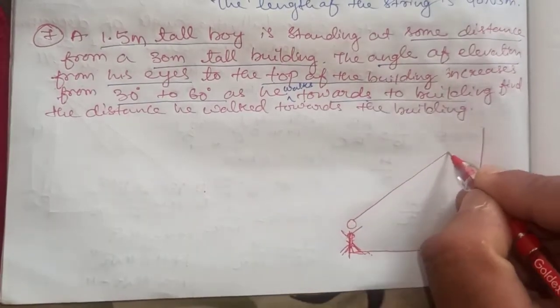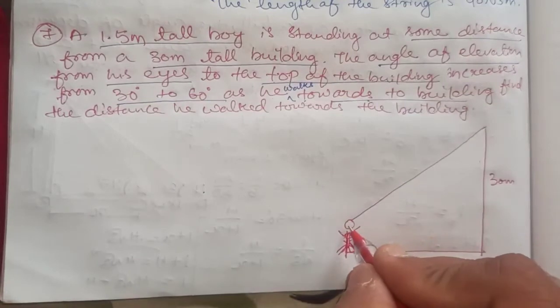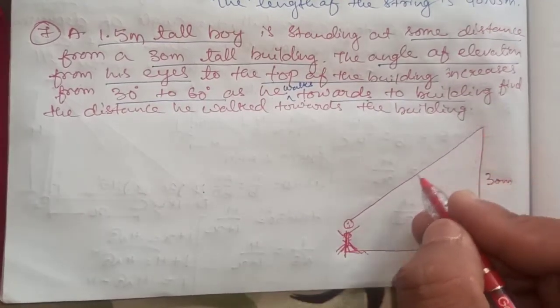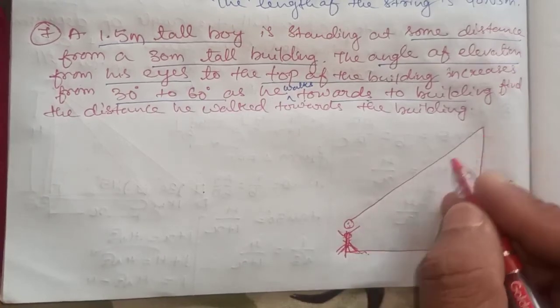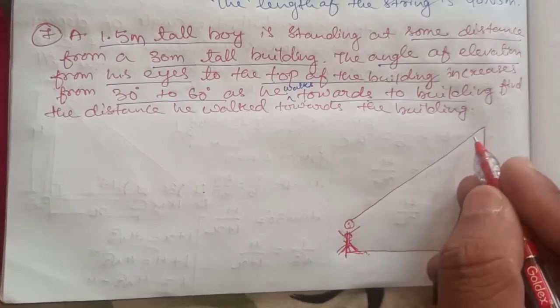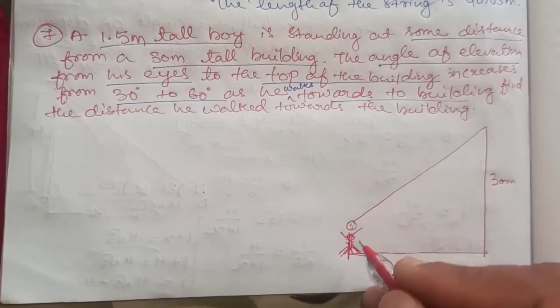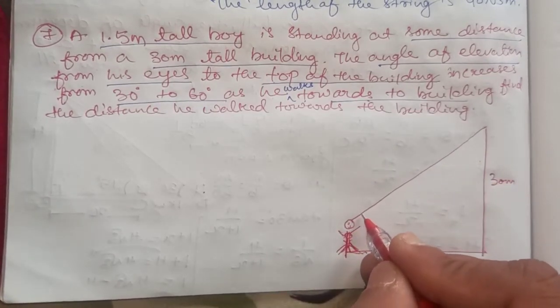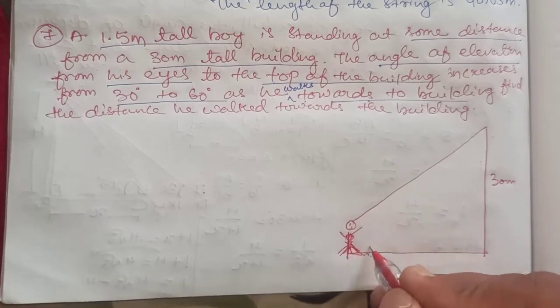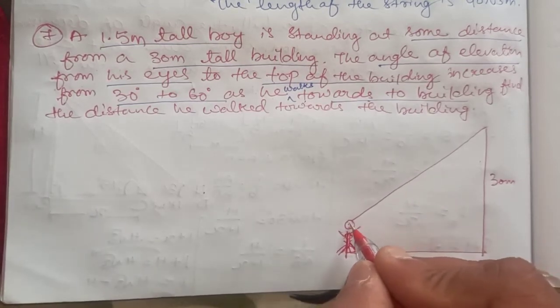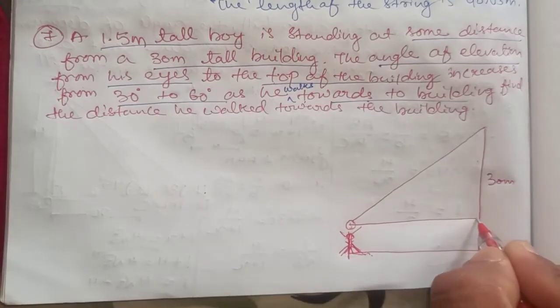This is the line of sight, and from here we get the angle of elevation. But there is no baseline, so we won't get the arc of the angle in this way. There must be a baseline we have to draw. Understood?